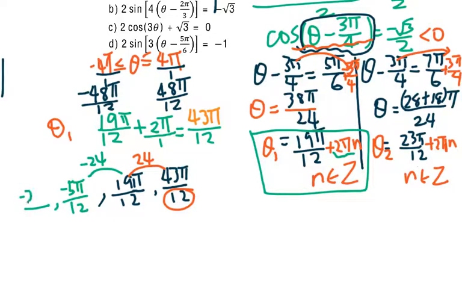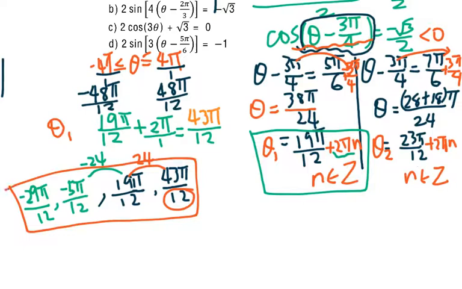I got negative 29 pi over 12. If I subtract 24 again, it will be less than negative 48, so I stop. That's the answer for theta 1.